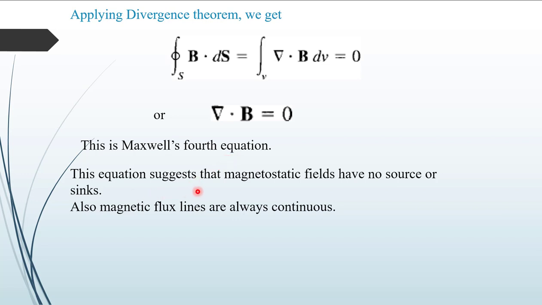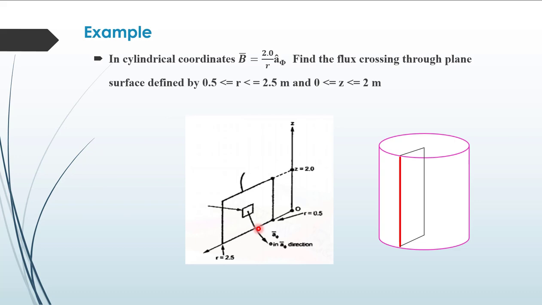This equation suggests that magnetostatic fields have no sources or sinks. There is no source and no sink, so magnetic flux lines are always continuous. They start at one end and close at the same end, and they are continuous.